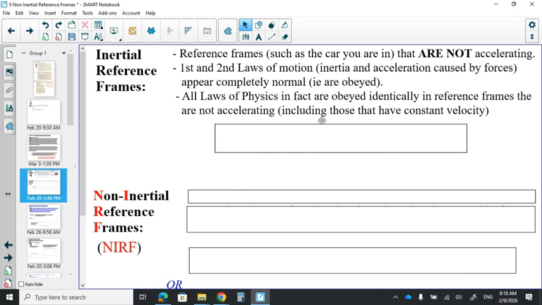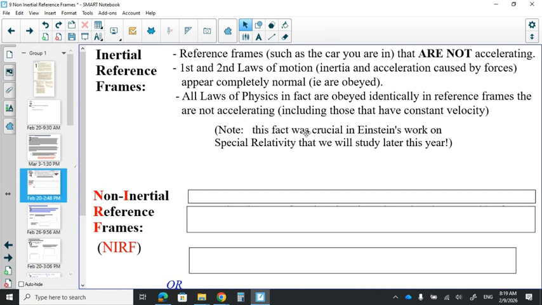So all of the laws in physics, in fact, are obeyed identically in frames of reference that are not accelerating. So we'll see this later on in Einstein's theory of special relativity, that all laws of physics are indistinguishable between separate inertial reference frames.